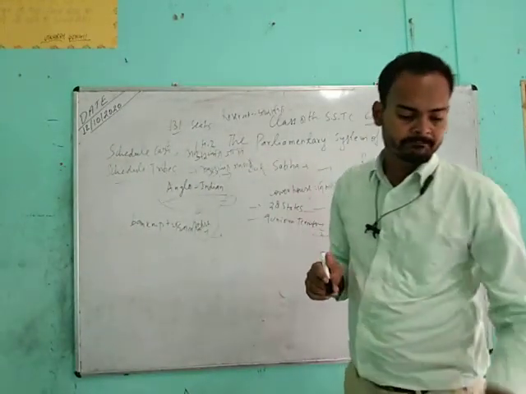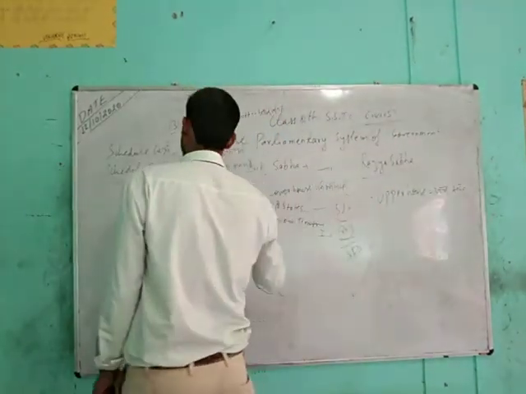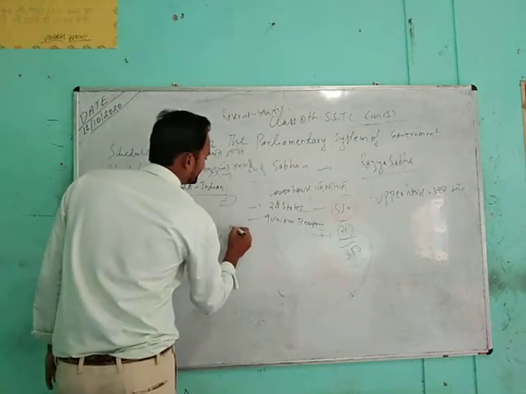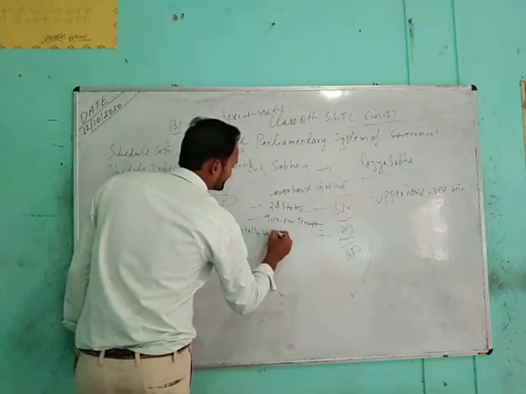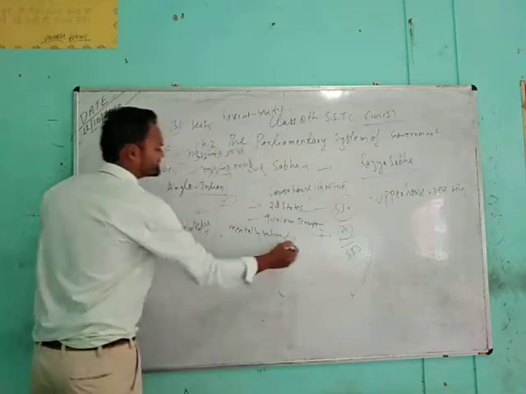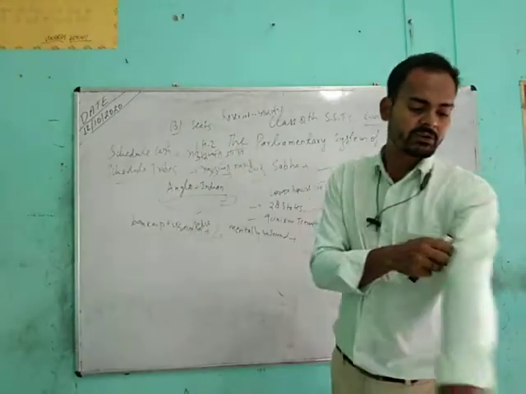And then we see mentally unsound. She or he should not be mentally unsound. If you see the Hindi, दिमागी तौर पे ठीक होना चाहिए, दिमागी तौर पे गड़बड़ नहीं होना चाहिए.